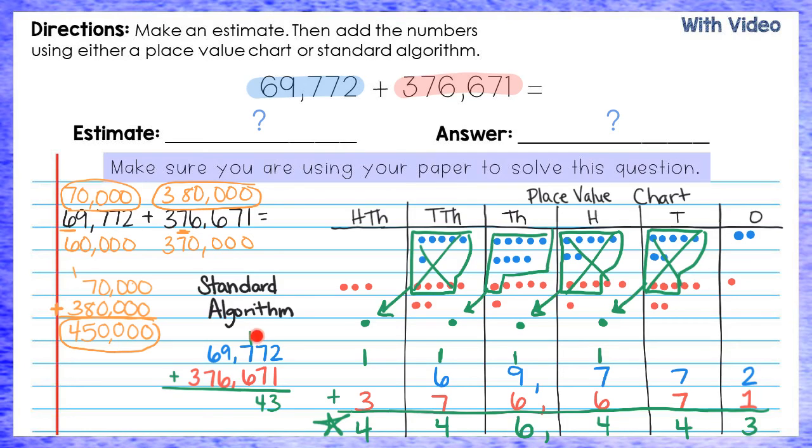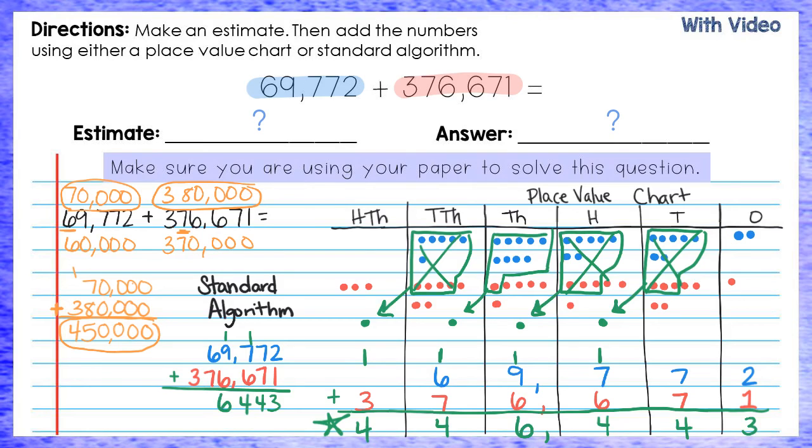7 plus 1 is 8, plus 6 more: 9, 10, 11, 12, 13, 14. Can't have 14 in one column, so we keep the 4 and put 10 more in the next column. 9 plus 1 is 10, plus 6 is 16.